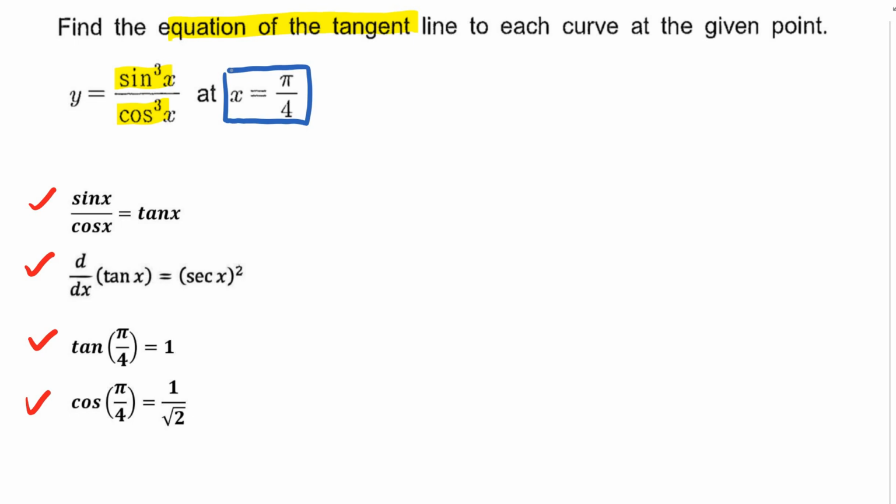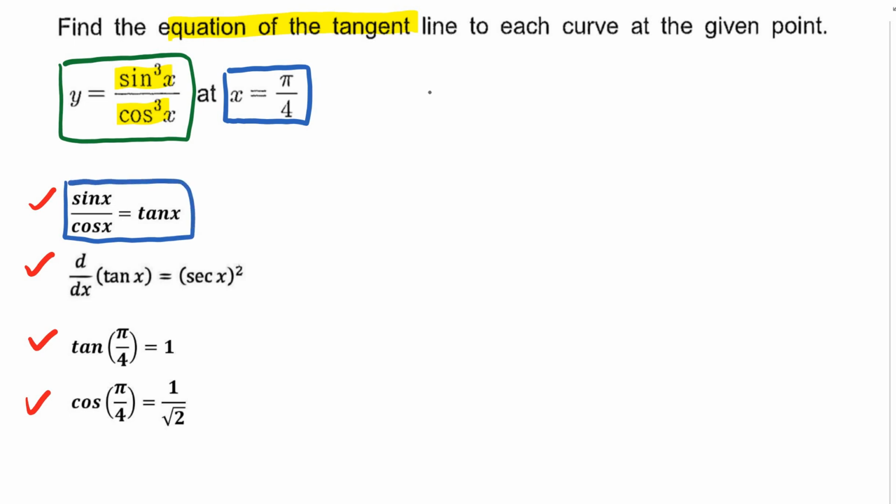So I know the x value is pi over 4. And what we're going to do now is find the y value, right? The y value we can find by evaluating f of pi over 4. Actually, before I even evaluate f of pi over 4, if I look at my function here, and using the very first trig identity, we know that tan x is sine x over cos x, right?